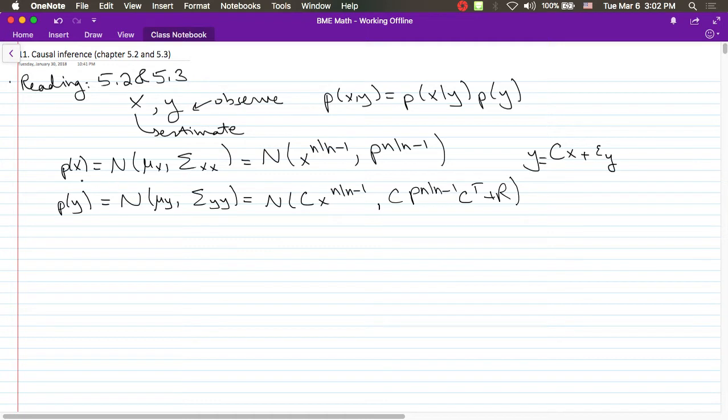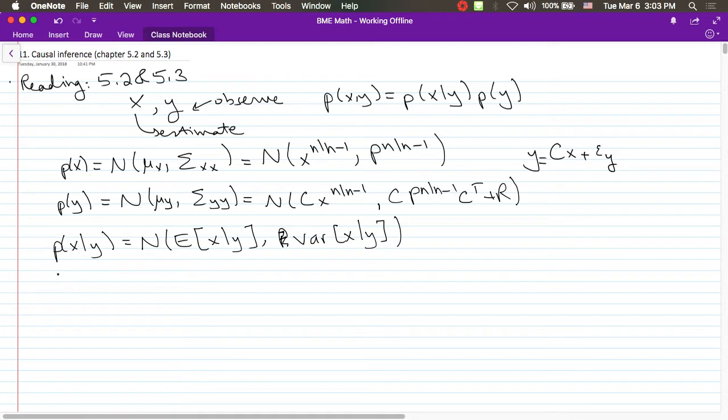So that's the distribution of our x, that's the distribution of our y, and the conditional probability of p of x given y is a normal that has some expected value of x given y and some variance of x given y. And what we did on Thursday was to define what these expected values are.